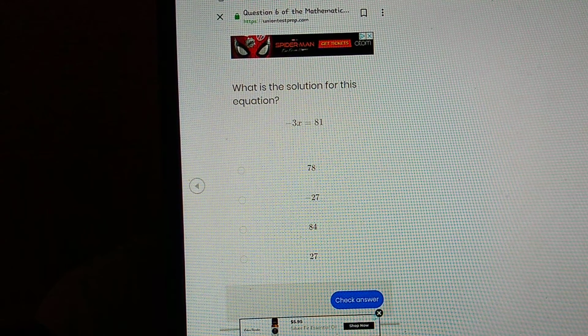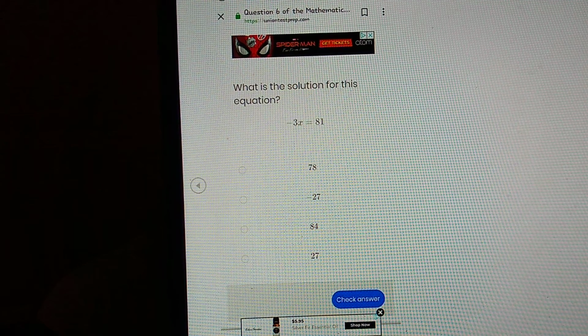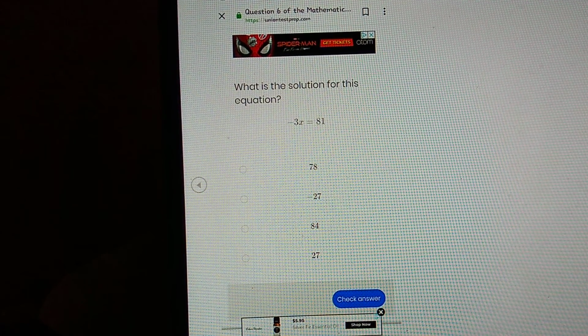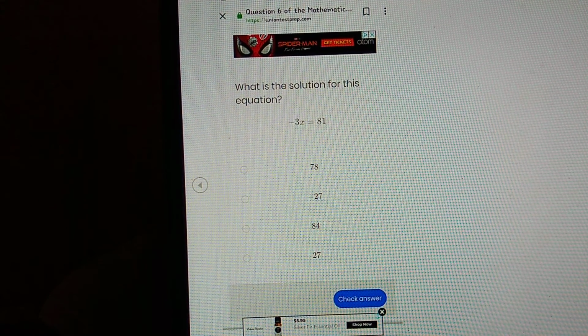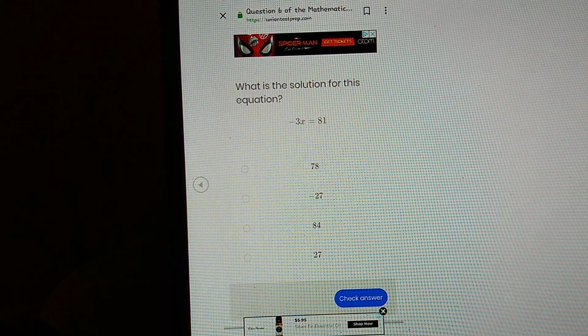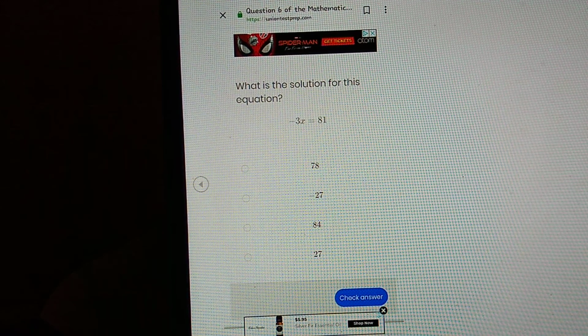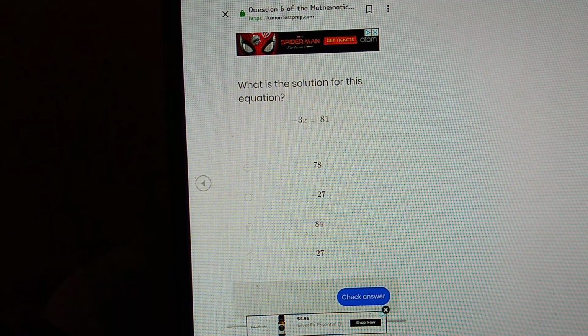We know that any number divided by that same number equals 1. That just means if you have 4 divided by 4, that equals 1. If you have 432 divided by 432, that equals 1. If you have 1 zillion divided by 1 zillion, that equals 1.